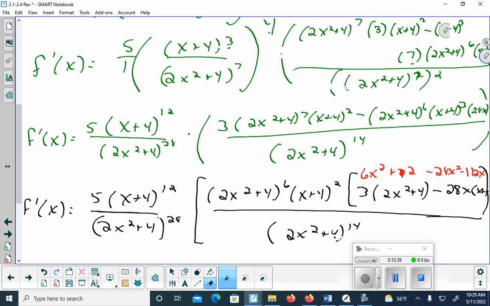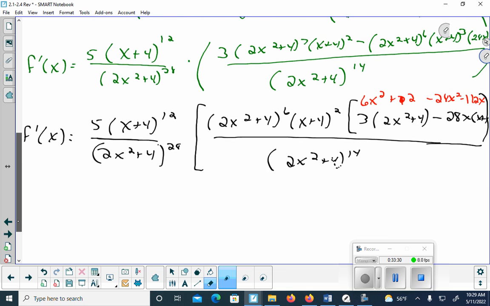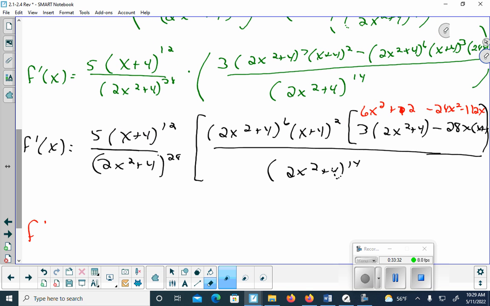Okay, here we go. Ready? This is where I'm going to go fast. Here's that 5. Here I have x plus 4 to the 12th and multiplying by x plus 4 squared. So that's going to end up being x plus 4 to the 14th. 2x squared, there.